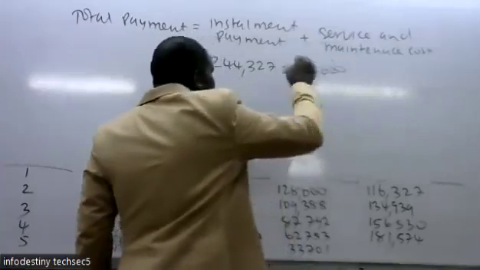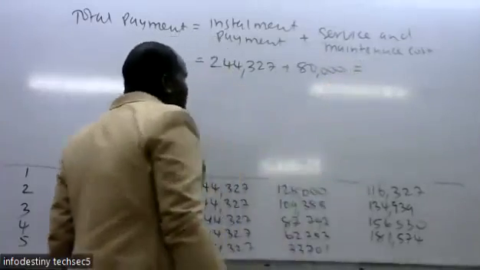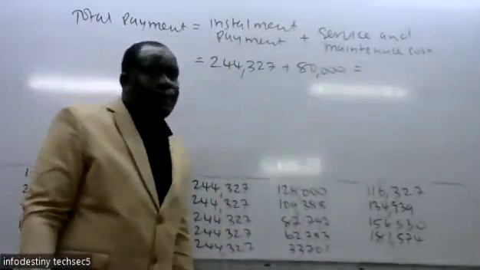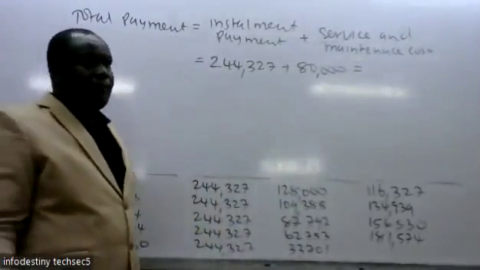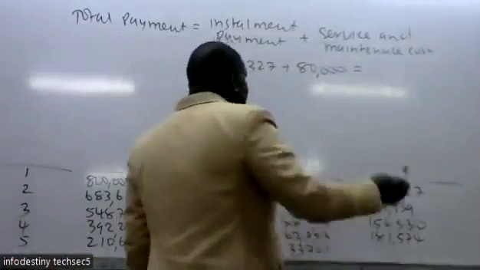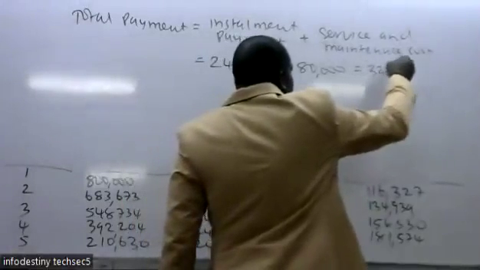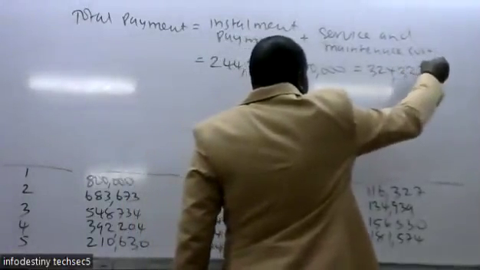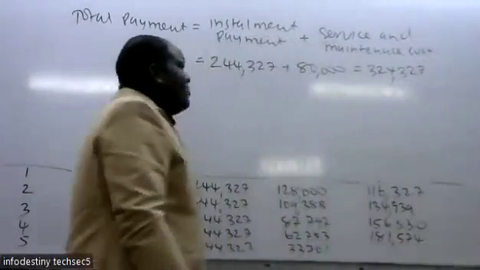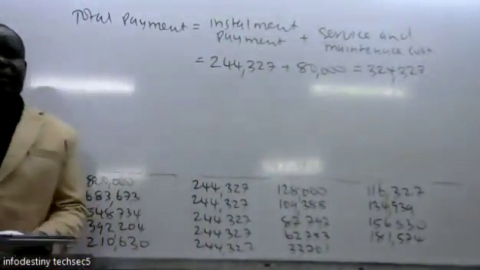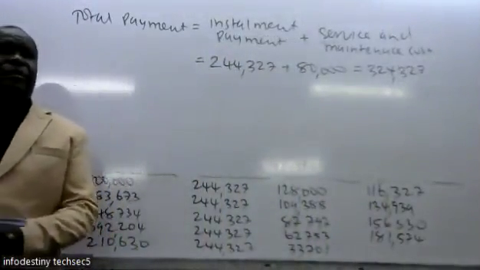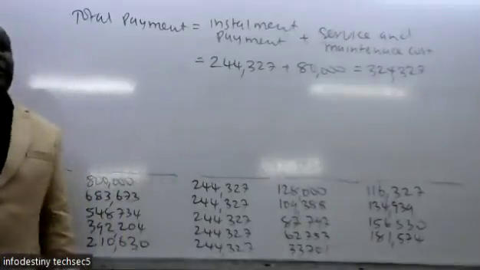So add them together, give you the total. 324,327. So that should be able to give you the total payment.